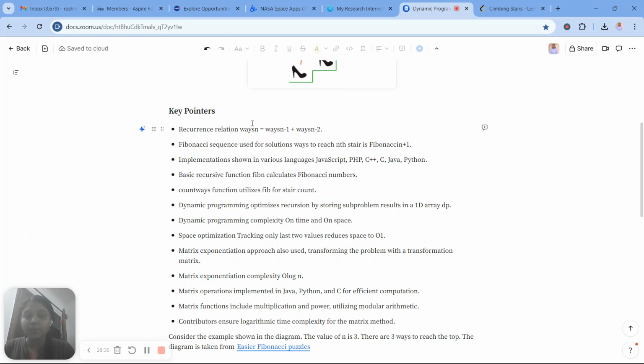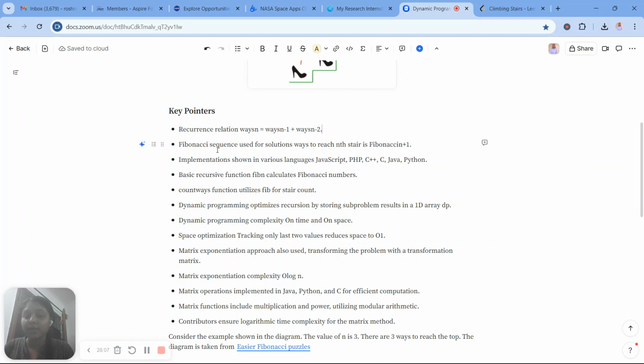We have n number of ways, adding up as we go up the stairs, and we go with n minus 1, then n minus 2. That is the way we go up the stairs.